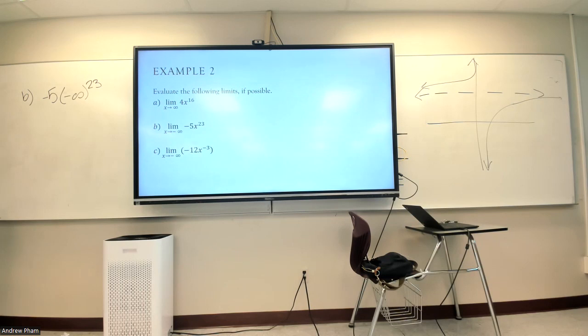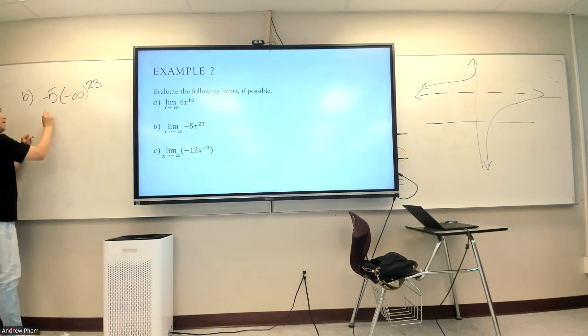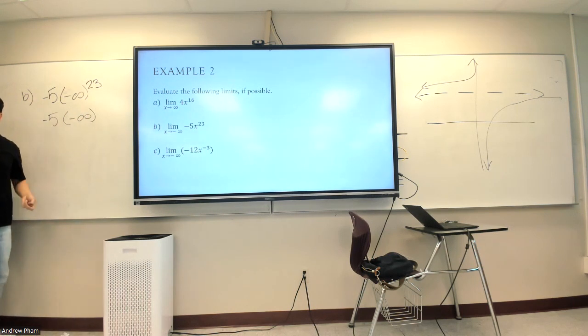Yeah, so first off, we know it's still going to be very large, some type of infinity. But in particular, if I take a negative number to an odd power, it's still negative. So in other words, what I have here, I have -5 times a negative infinity. Because again, a negative to an odd power is still negative.